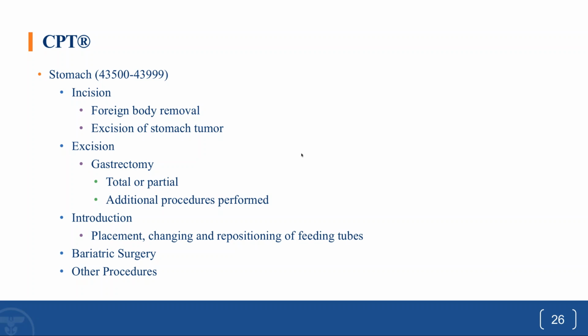And remember, whenever you see that term separate procedure at the end of CPT code 43197, that means that this particular procedure is not usually performed with another procedure, right? It's performed by itself. Okay.